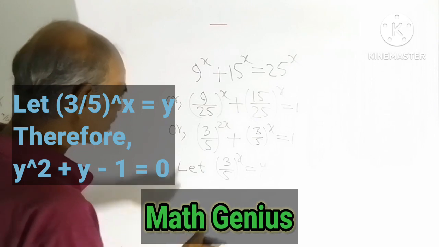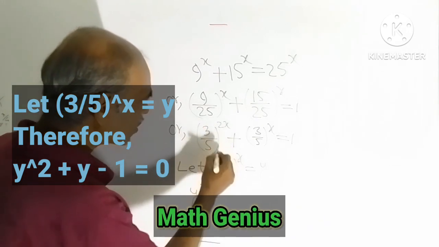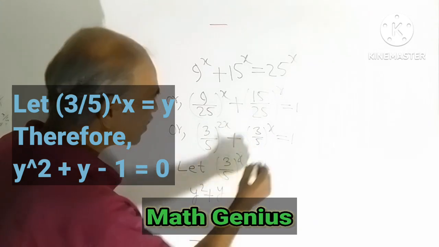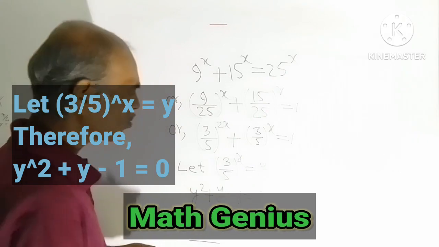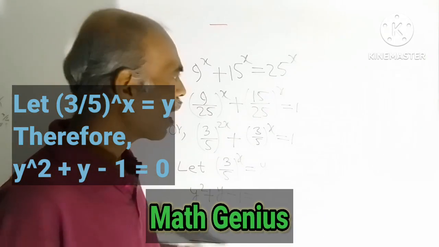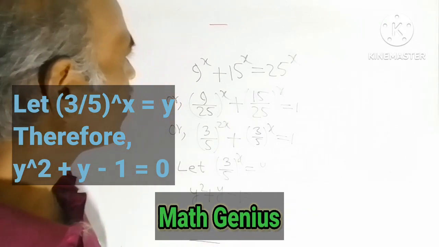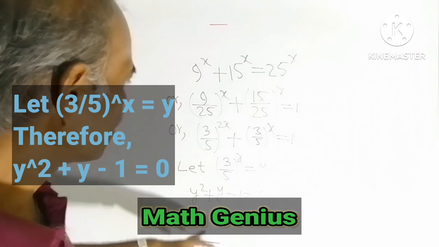So what you will get? You will get y square plus y, and in the right hand side 1 was there, so minus 1 is equal to 0. Right? Now this is a quadratic equation in y, and you can easily solve for y.